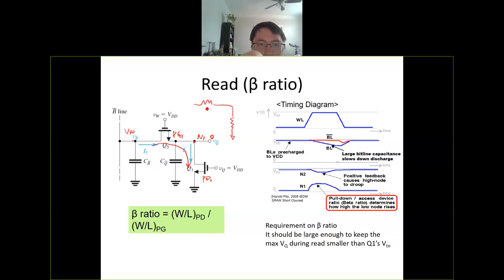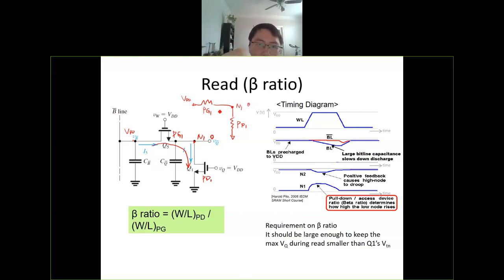So this is your PG1, and this is your PD1. Initially this is VDD, and this node, your N1 node, is 0.